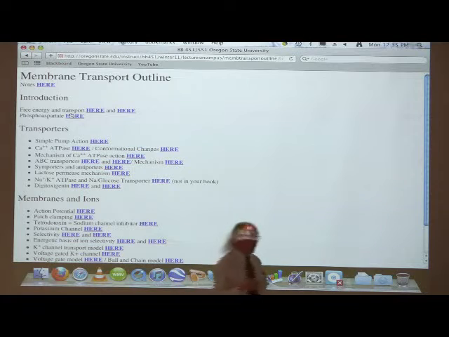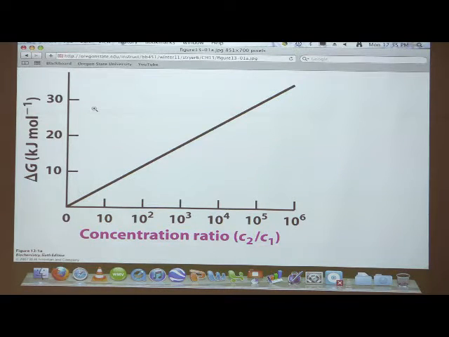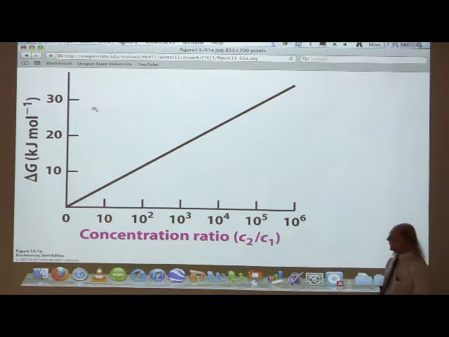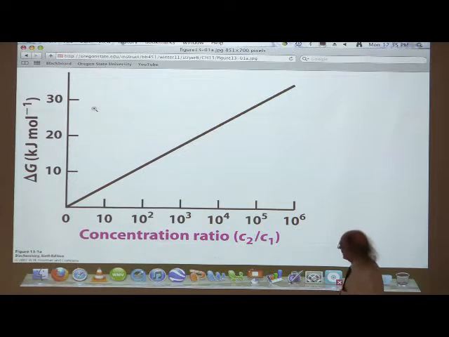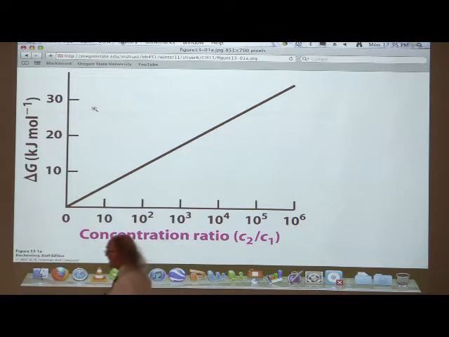Okay. Well, when we think about the movement of molecules across membranes, we can get some pretty hairy-looking things. What does this try to tell us here? Okay. What this tells us is that if I try to move something across a membrane, I have to keep in mind the concentration of that material on both sides of the membrane.